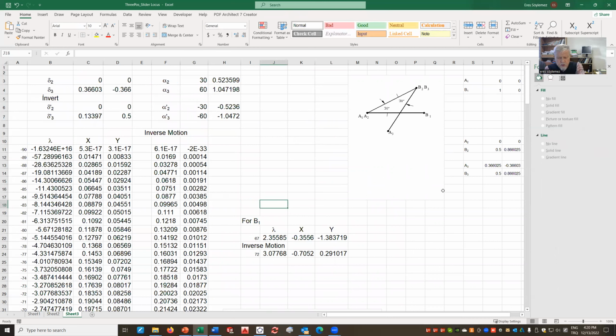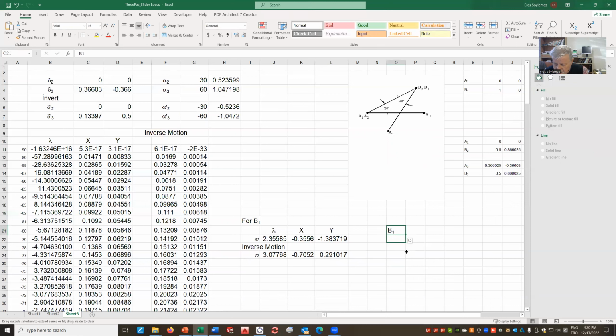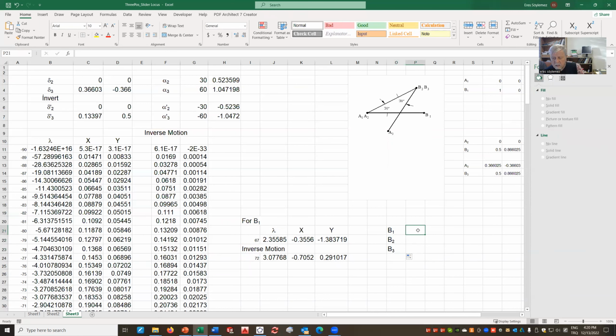I can determine B2 and B3. Let me write B1 over here. B1 is equal to, its coordinates are equal to these values.